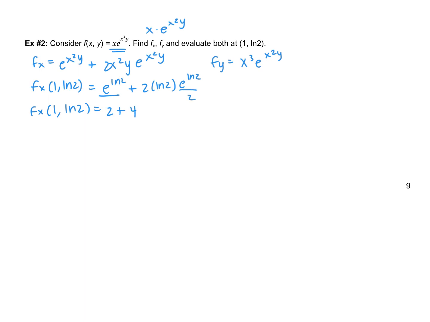So 2 add 4 natural log of 2. And then if we want to evaluate the first partial with respect to y at that point, we get 1 times e to the natural log of 2, which just gives us plain old 2.